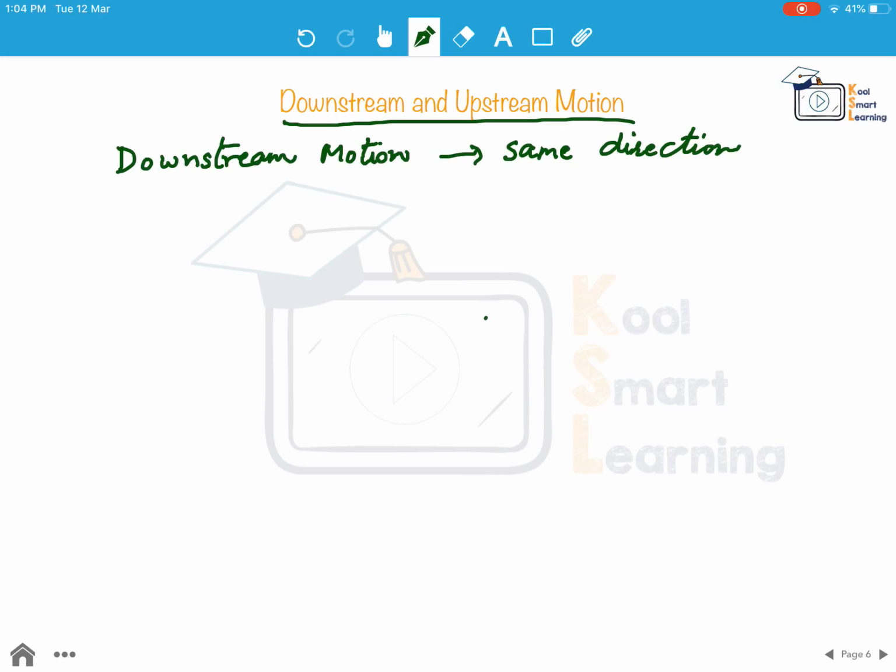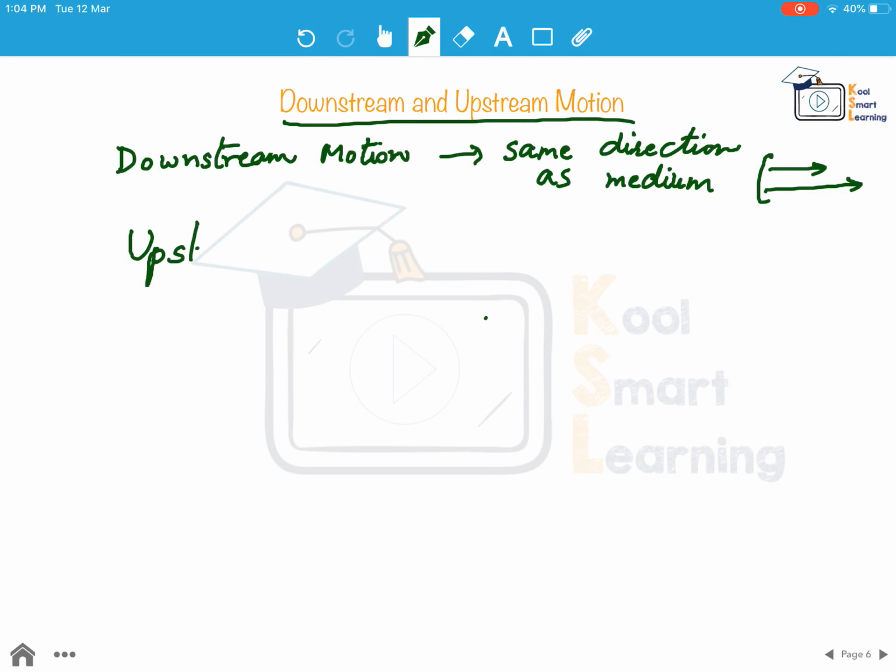Now supposing a boat is moving with the direction of the stream, right? So this is the downstream motion. Or supposing we are walking or cycling along the direction of the wind, that is called the downstream motion, same direction as medium.